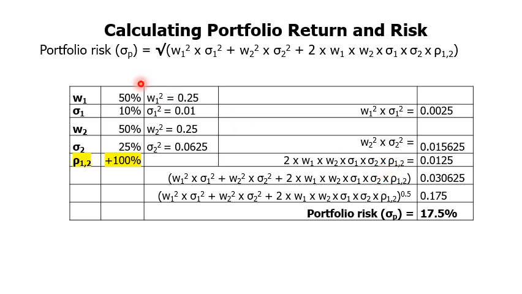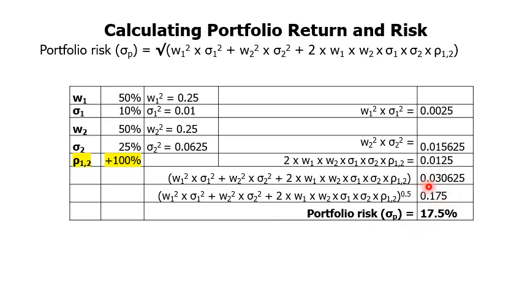Basically, we multiply all these and double that, we get 0.0125. Then when we add all these three terms, we get the term in the bracket, which is 0.030625. If we take a square root of this, we get the portfolio risk at 0.175.